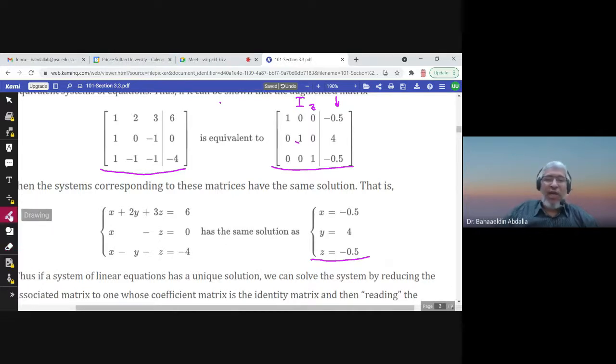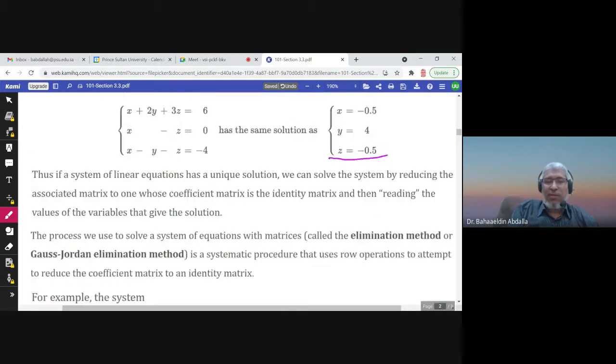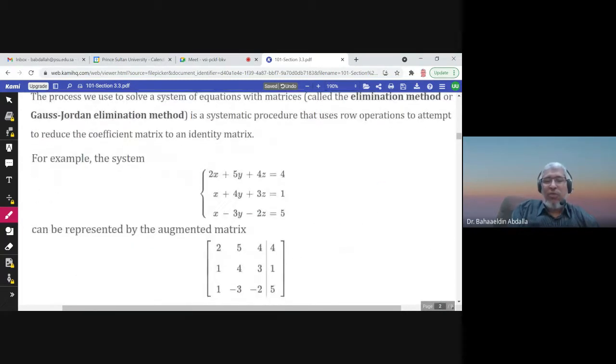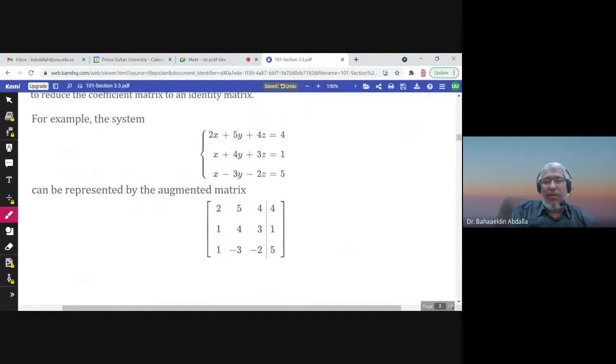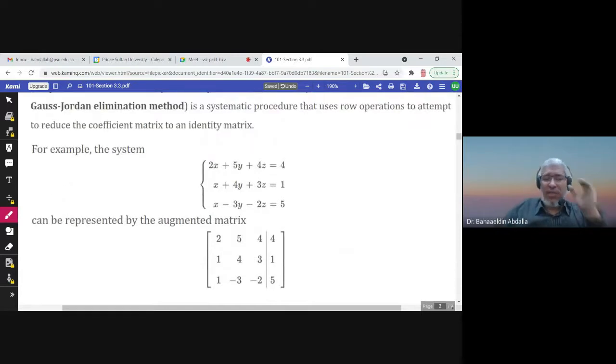So if we can change the augmented matrix to this one, we will be able to immediately solve the system, and we can do that using the row operations. So what would be our plan? Let us start with this system.